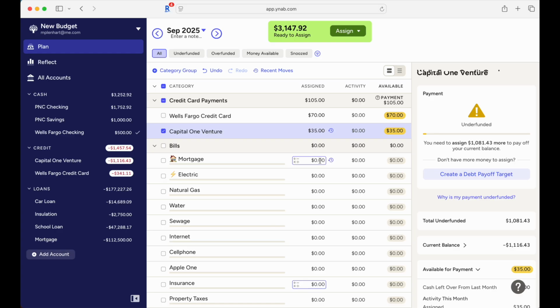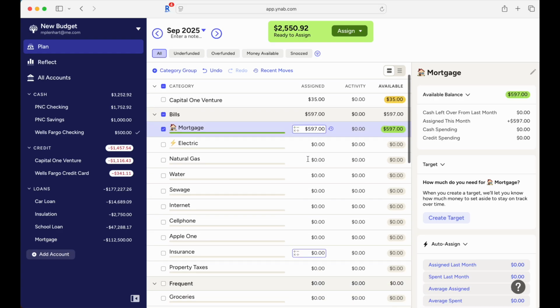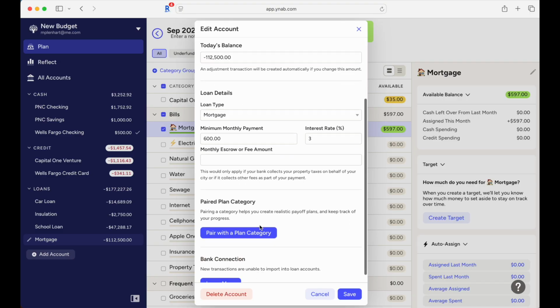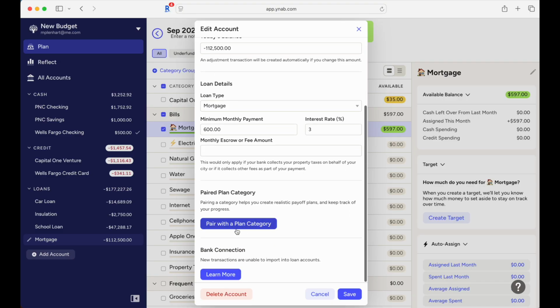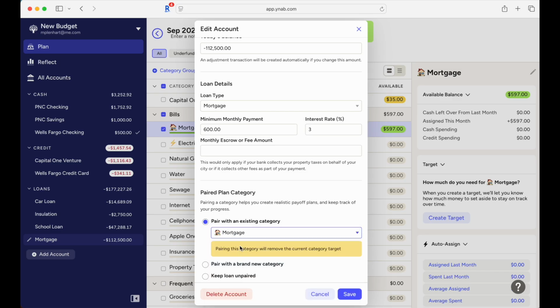Okay, for my mortgage, I know that my payment every month is $597. So I'll put that in there. And when you have a loan like this in YNAB, you do have the option to link it to a specific category. So I could pair this with a plan category. And if I click on that, I can now click on my mortgage.